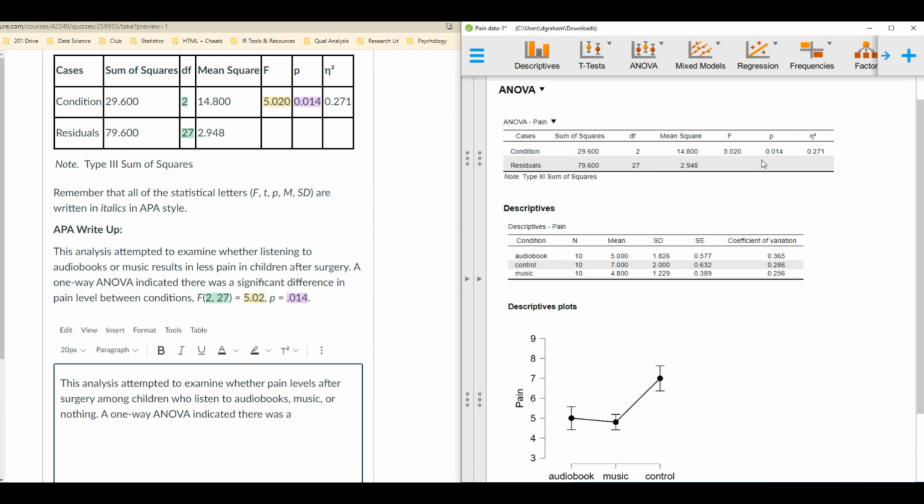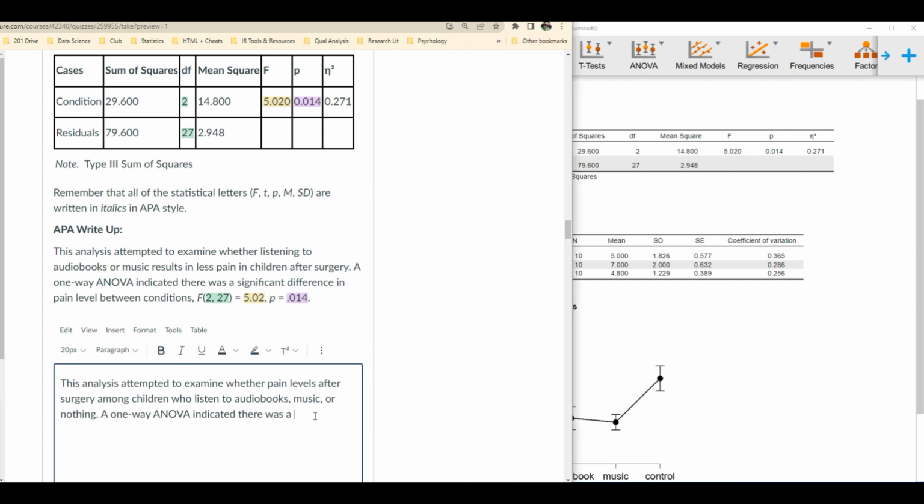The probability of seeing a result like this is less than 5% if the null is true. Since it's below the 5% level, we reject the null hypothesis and conclude there is a significant difference in pain levels between conditions.